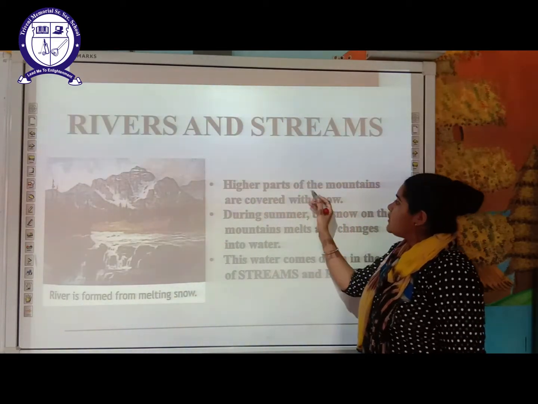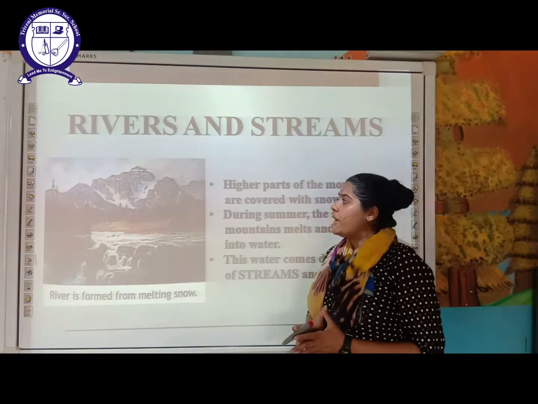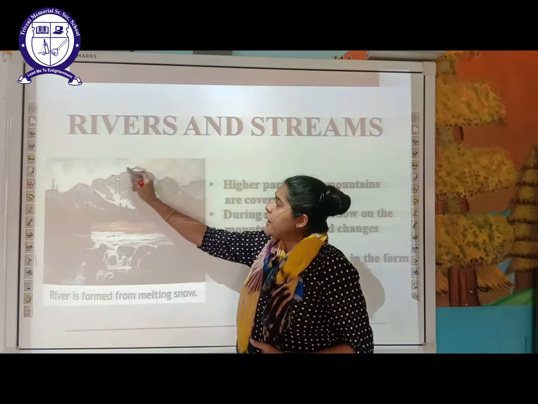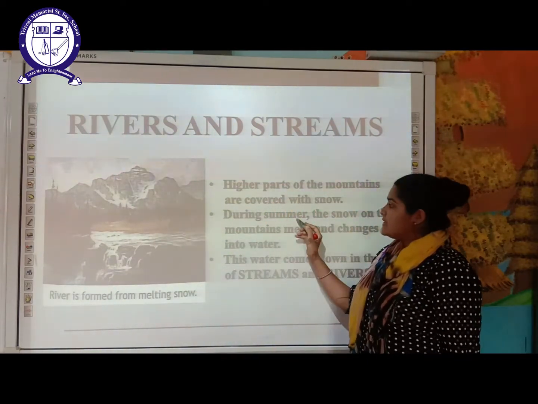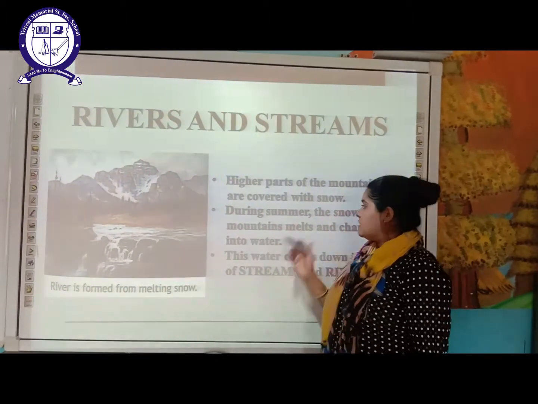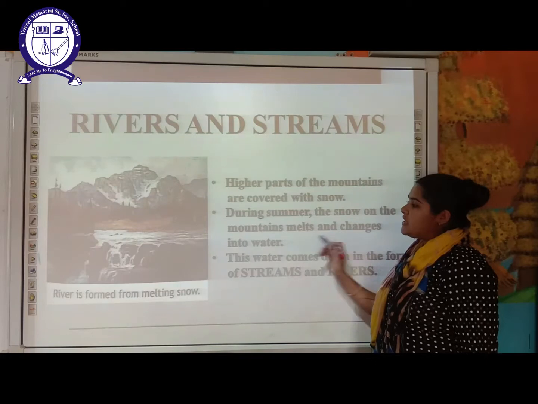The higher parts of the mountains are covered with snow. In the winter season, you might have observed that the highest parts of the mountains are covered with snow. During summer, when the temperature increases, what happens? The snow on the mountain melts and changes into water.